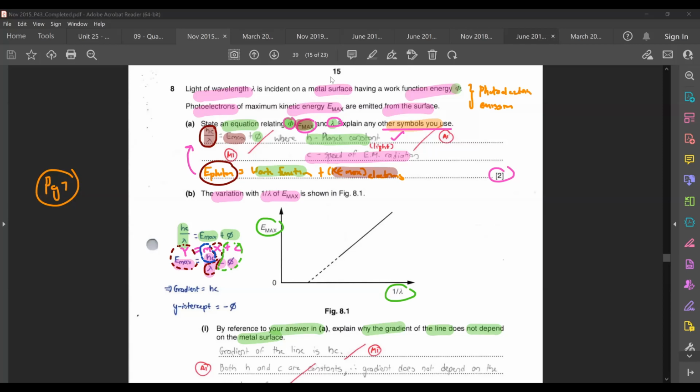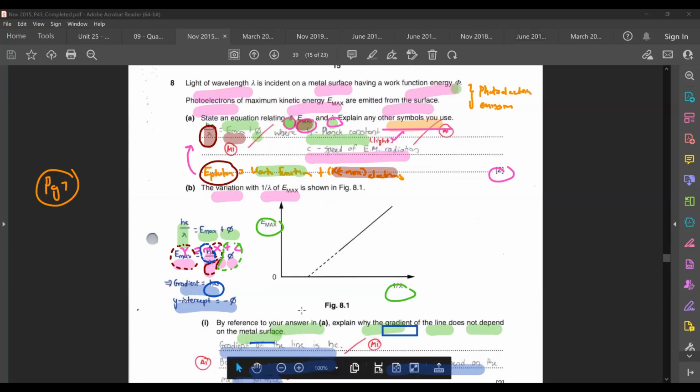So why is it that the gradient does not depend on the metal surface that you use? Because the gradient is the product of two constants, your Planck constant and your speed of light. Since both of them are constants, your gradient won't depend on the metal surface that you use.